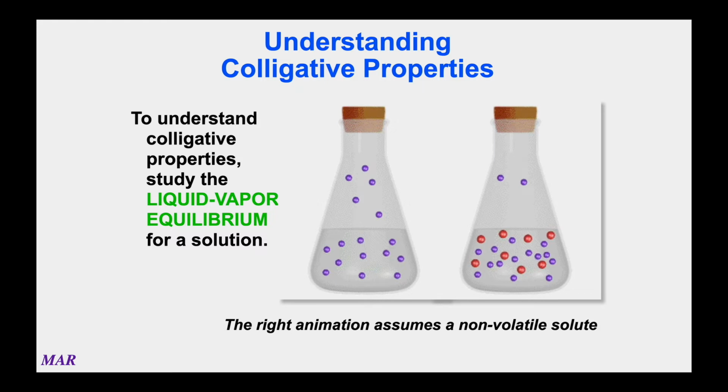Now, both of these flasks are closed flasks. So the liquid and the gas above it, the vapor pressure, get in equilibrium pretty fast. If you put a solute in with the solvent, and these solutes, by the way, are non-volatile, which means they don't easily turn into a gas, the solute molecules act as blockers.